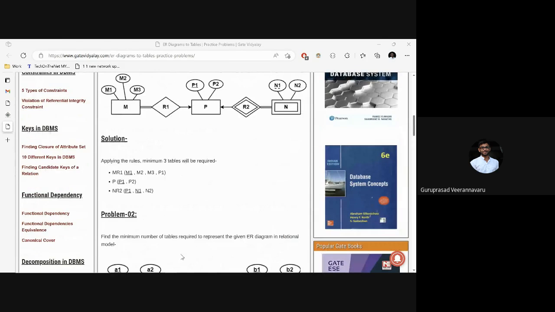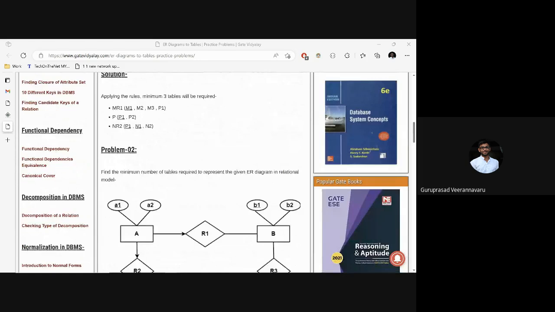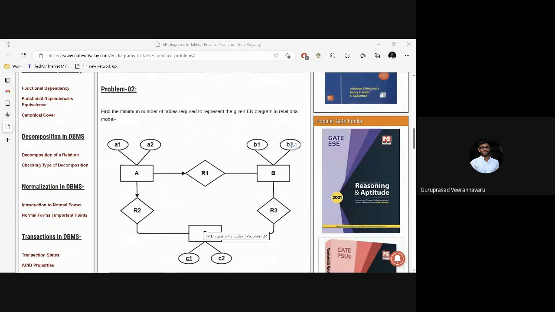So this arrow is pointing towards B and this arrow is also pointing towards C. So that means for A to exist, B and C should always be there. It is a one to many mapping. So A many and B one. Here also A many and C one.